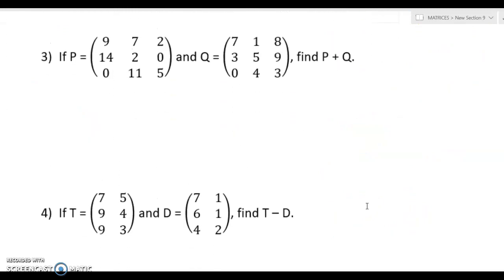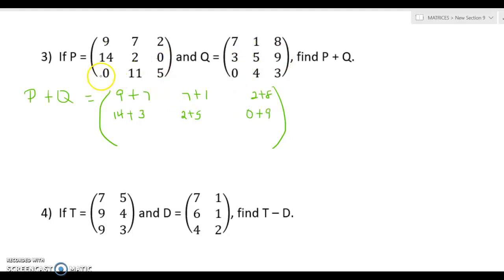Oh, we have one more addition, another subtraction. So since all these are positives, I'll just go ahead and add them from what we have here, right? So I rewrite the 2 matrices. So let's go. 9 plus the 7 here, then 7 plus 1, and 2 plus 8. And then second row now, 14 plus the 3, 2 plus 5, and then 0 plus 9.